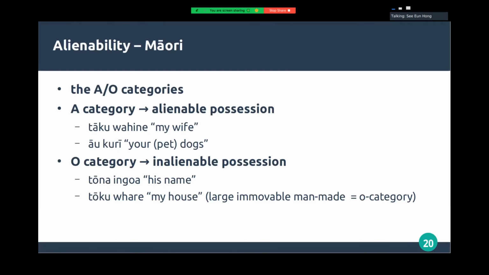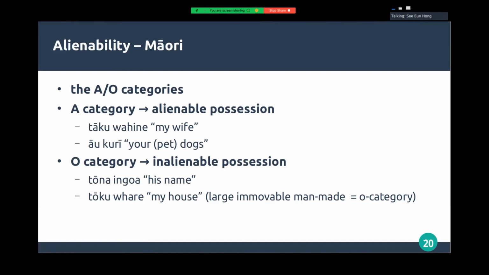And actually, for animals like horse, if you use the A category possessive pronoun with horse and say my horse, that would mean that the horse is my pet. But if you use the O category with the word horse and say my horse, that would mean that the horse is kind of like a vehicle or a means of transportation, because transportation belongs to the O category in Mari.